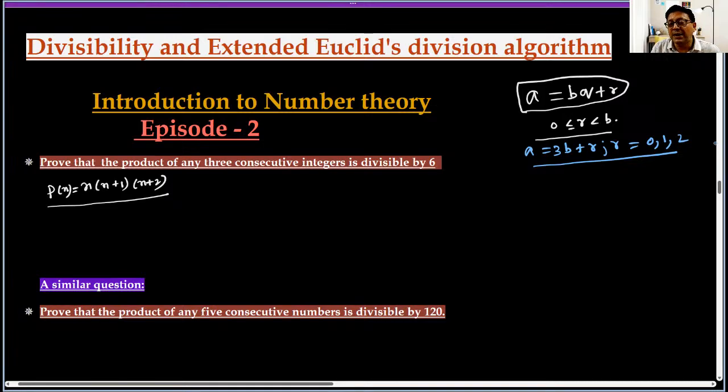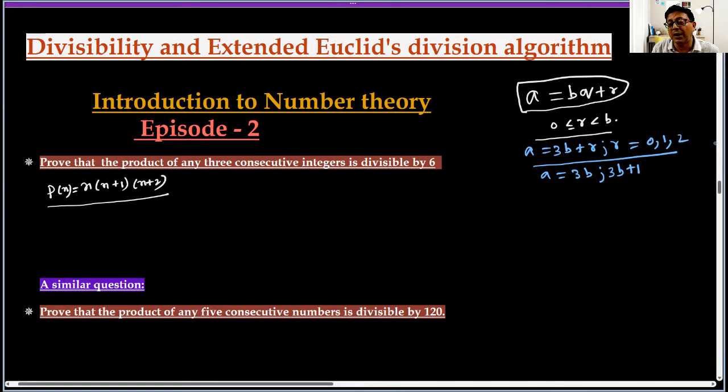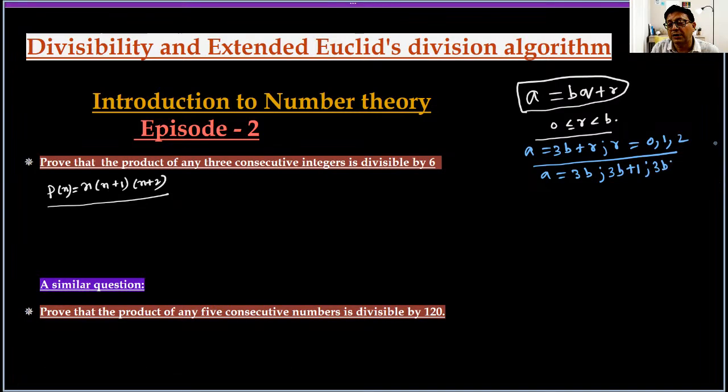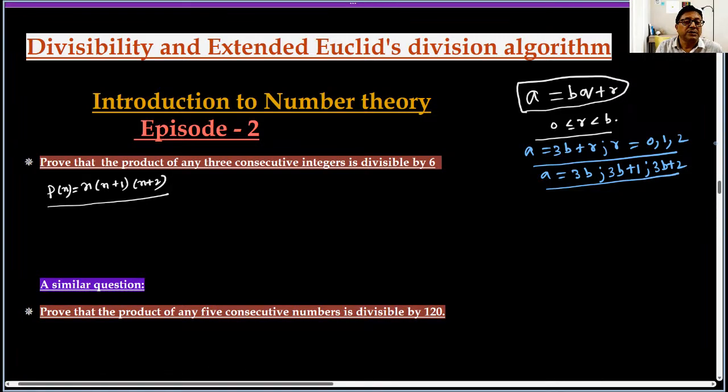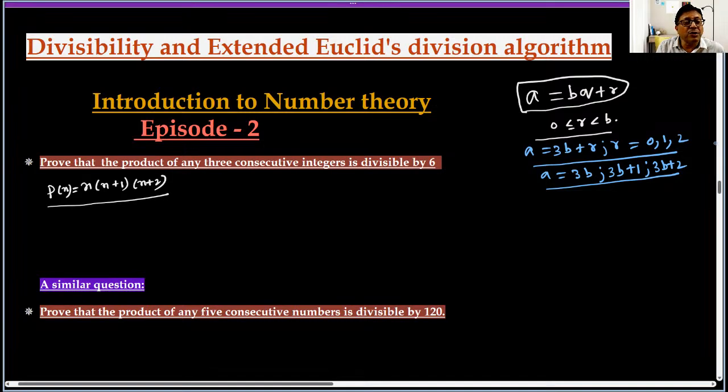So those numbers accordingly become a equal to 3b or 3b plus 1 or 3b plus 2. So let us solve this problem by taking these three one by one.